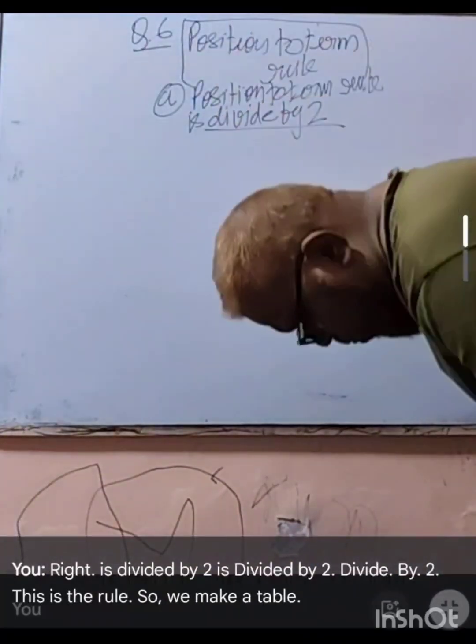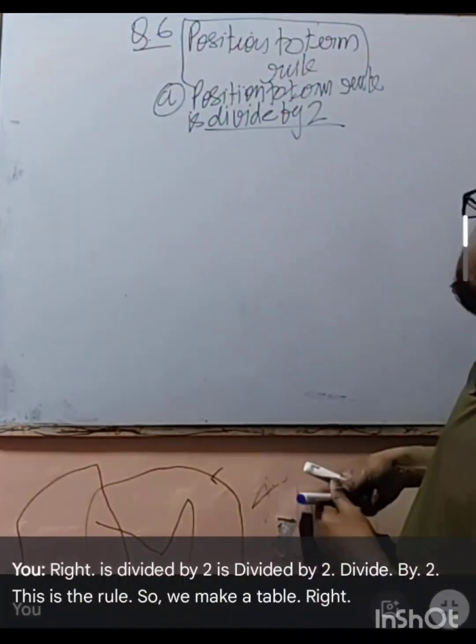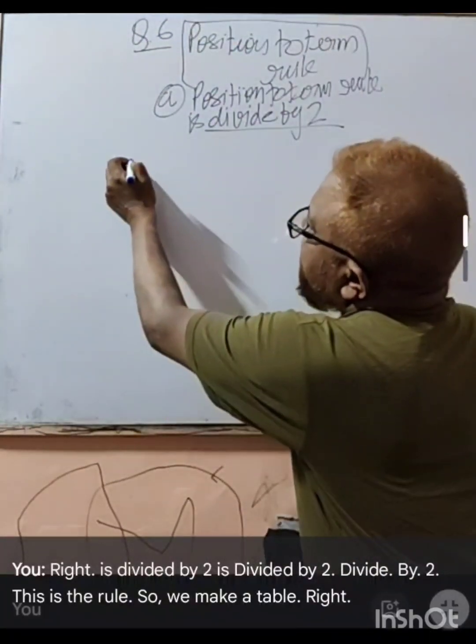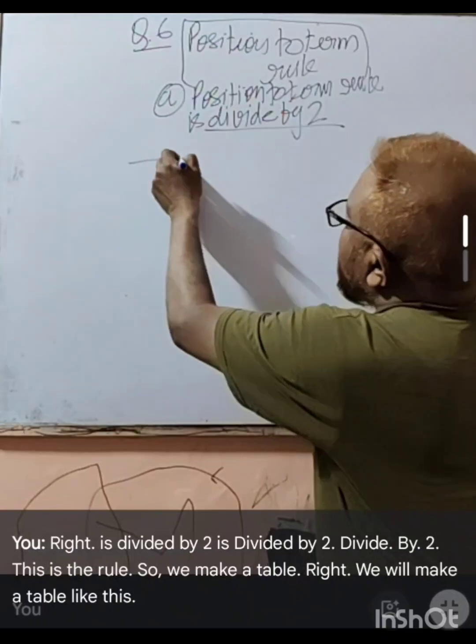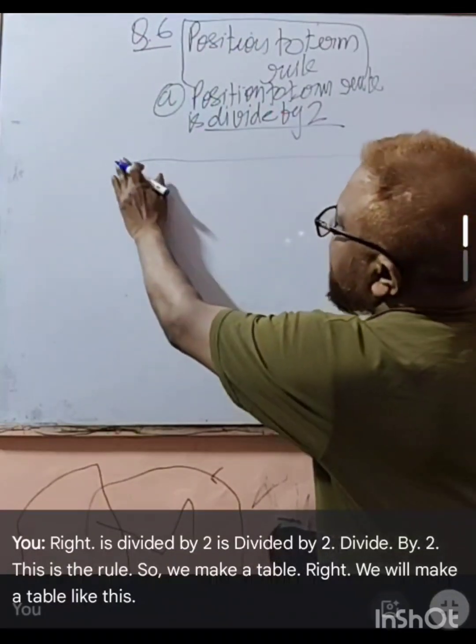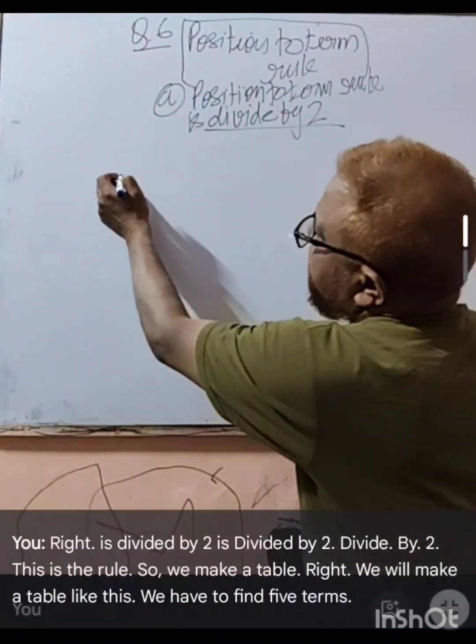So we make a table like this. We have to find 5 terms.